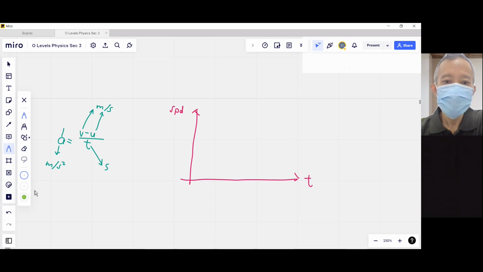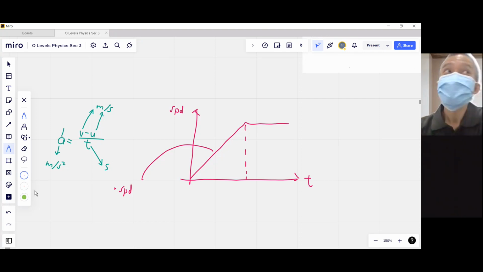So let's say for this case, how do you describe this? Of course, you separate into two parts. I think it's obvious. How do you describe the first part? Constant acceleration. All right. Don't get confused, please.